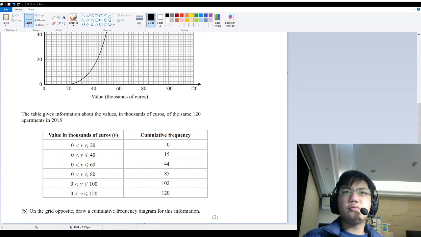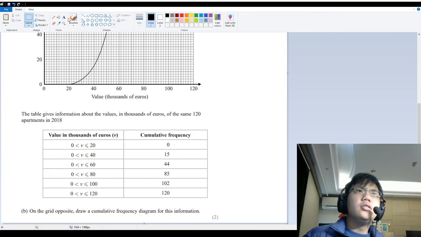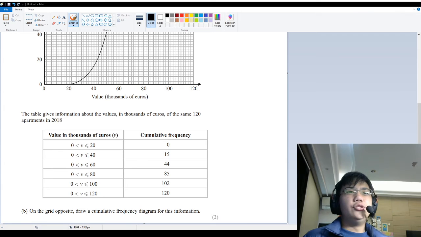So here we have the table and here we have the graph. So what we need to do is plot all these points onto the graph.